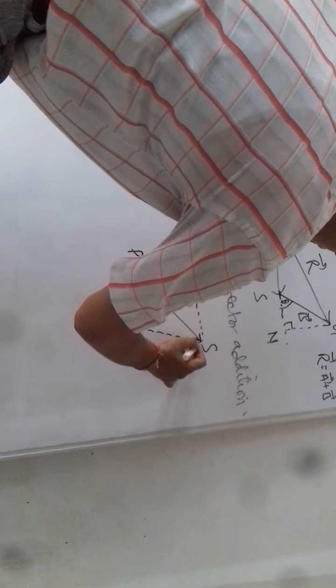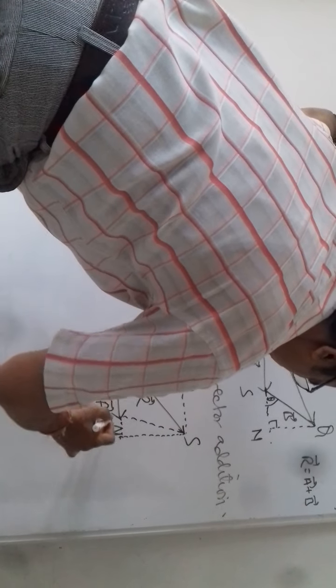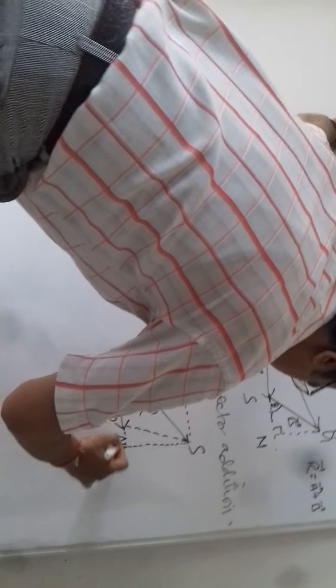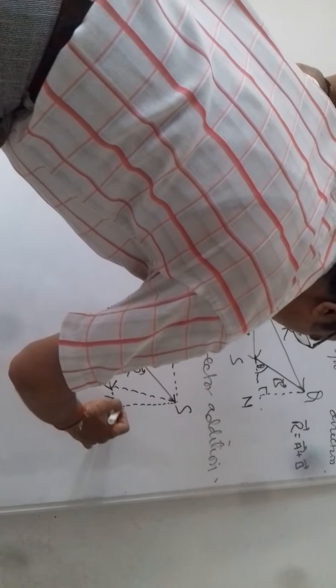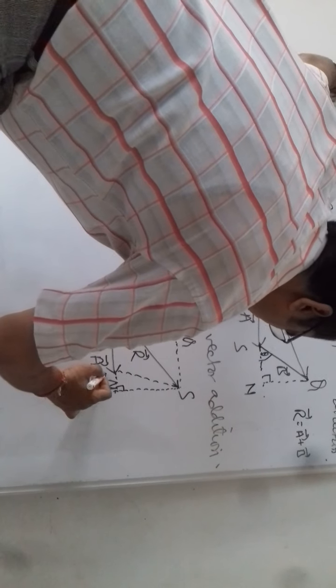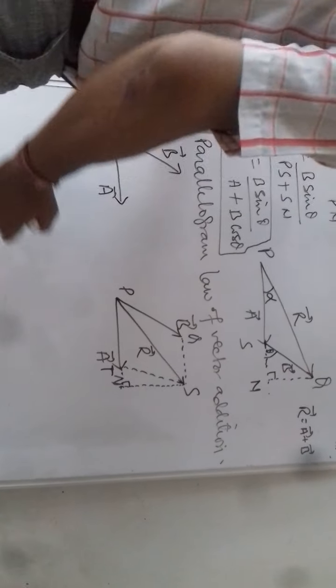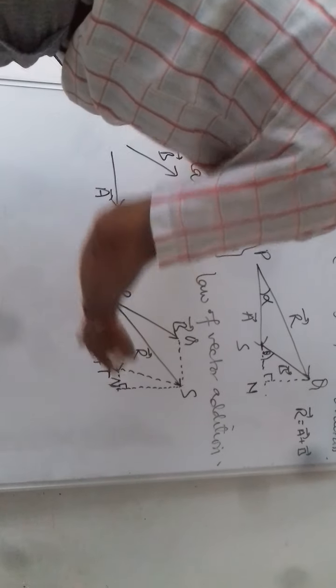For this, again we have to draw the perpendicular line from S to PN, so SN is perpendicular to PN.